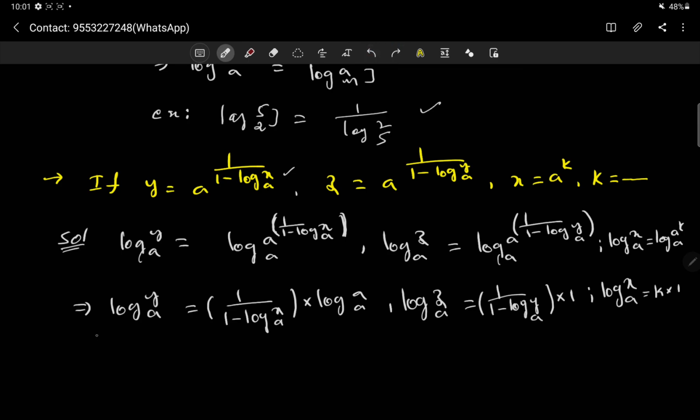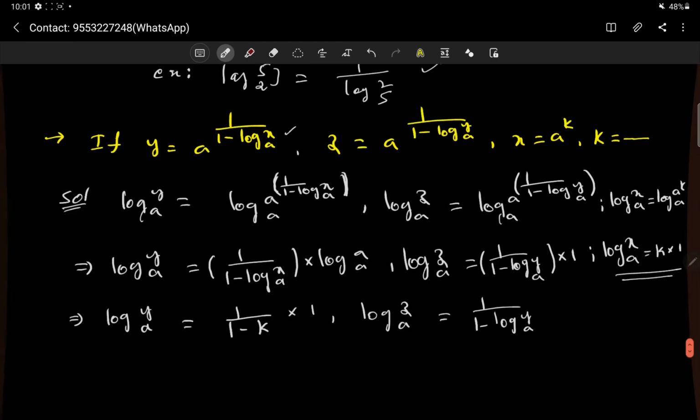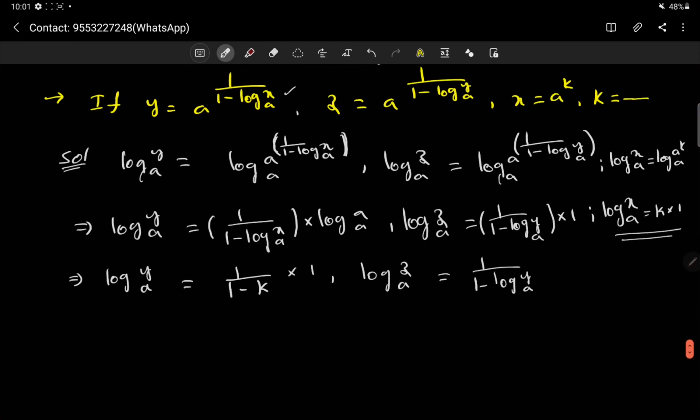So log y base a is equal to 1 by 1 minus log x base a, which is 1 by 1 minus k, into 1. And log z base a is equal to 1 by 1 minus log y base a, into 1. We need to get the value of k.